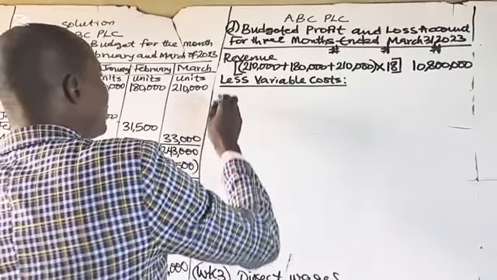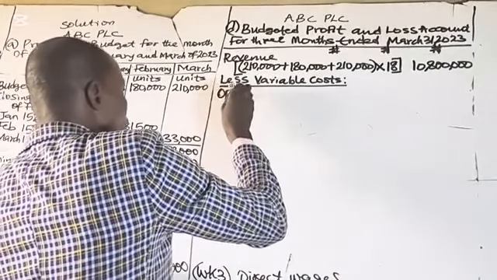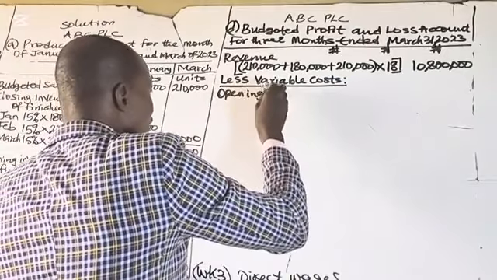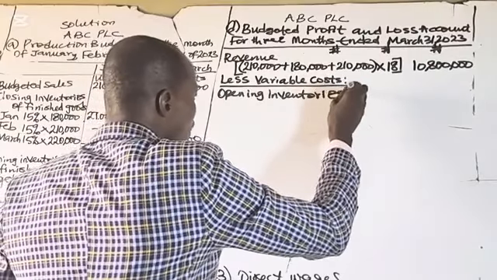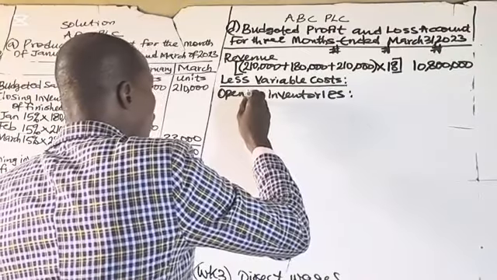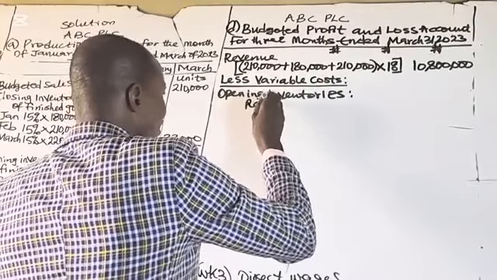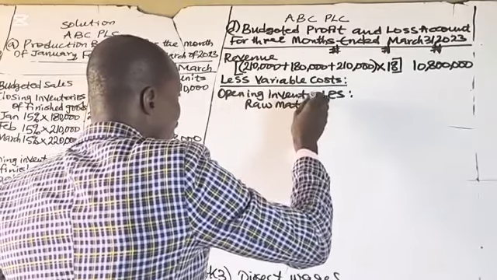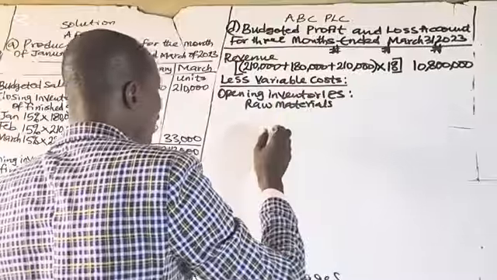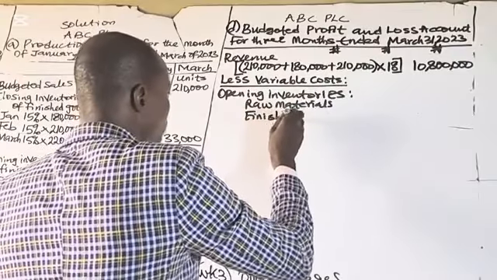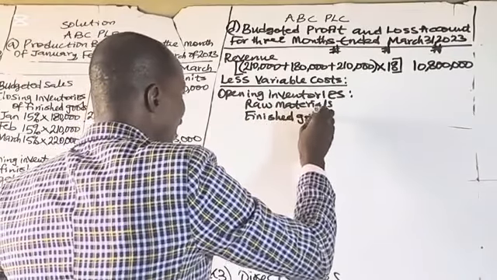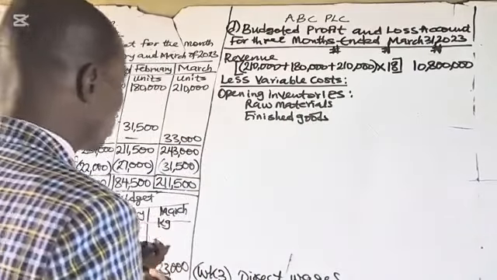So the starting point is opening inventory. Remember, we have 2 types of inventories in this question. We have inventories of raw materials and inventories of finished goods. These are the inventories we have in the question.